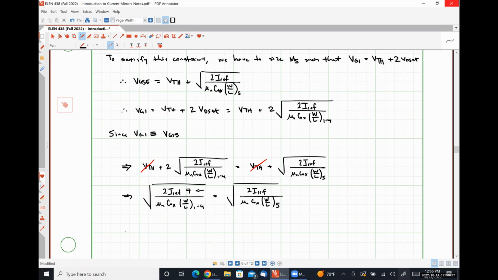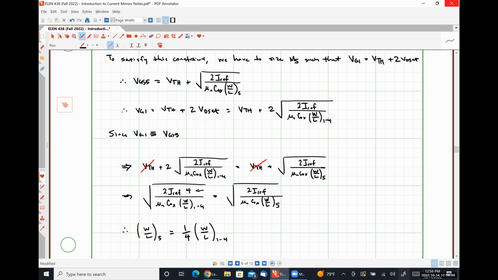From this, we can see that W over L of M5. Sorry, got this backwards, 1/4 W over L of 1 through 4. So we make it 4 times as long in order to accommodate this, right?